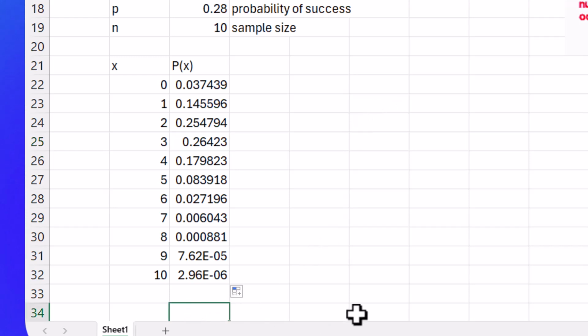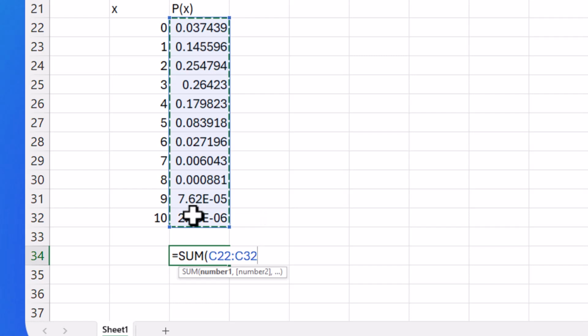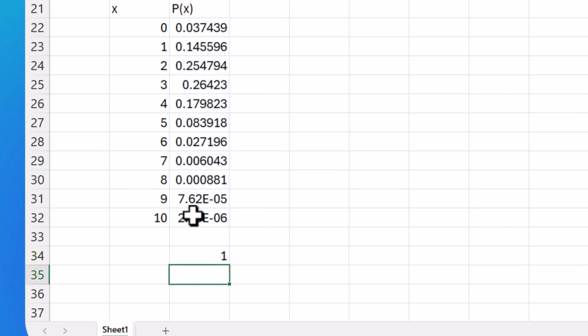One thing you should always check is that your probability distribution sums to 1. So I'm doing an equal and a sum, and I close my parentheses, and phew, so that means I didn't make any errors. The other thing is, what are these funky things? Well, if you remember scientific notation, this says to move the decimal 5 places to the left, so it's basically 0.